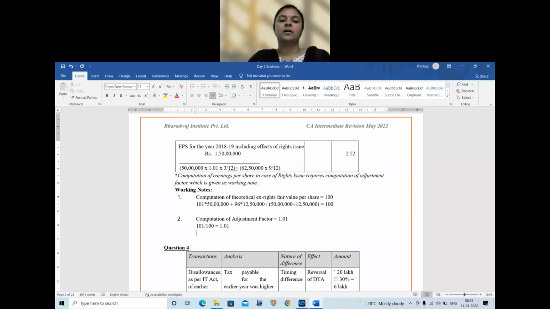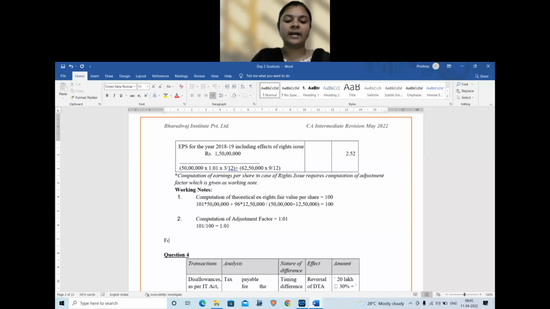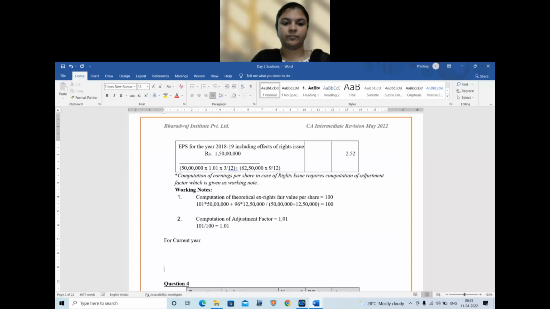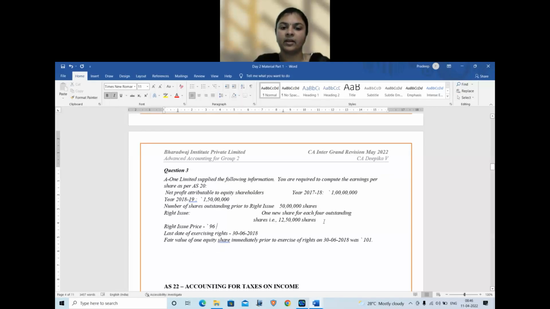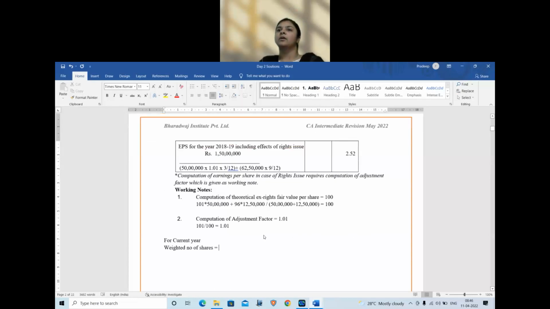Now for the current year, for the weighted number of shares, let's see when the rights has been completed. 30th June. So from 1st July, actual right shares have come into existence.